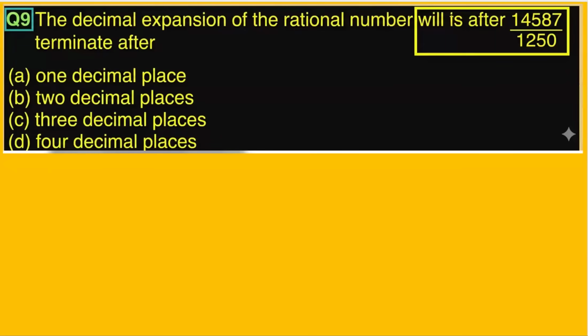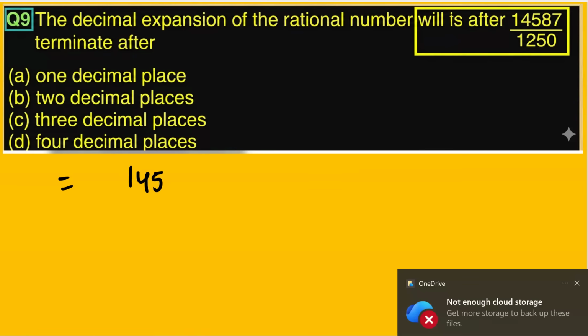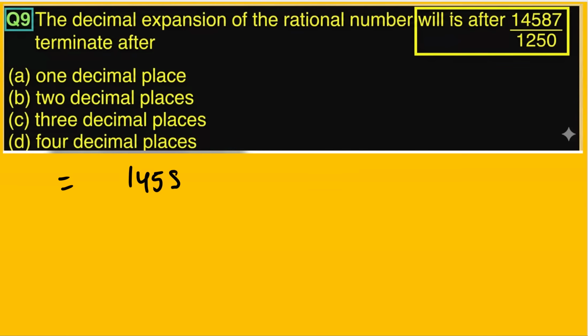So question number 9: the decimal expansion of the rational number 14587 over 1250 will terminate after how many places? This question is similar to ones we have done in the past. First we'll write down 14587 divided by 1250.